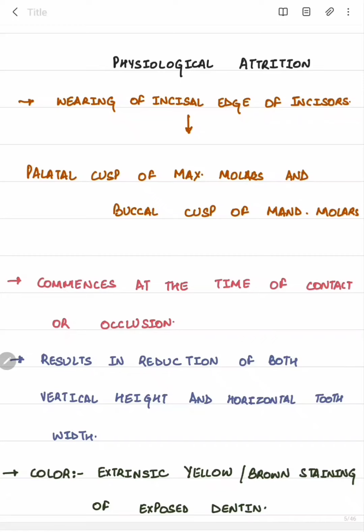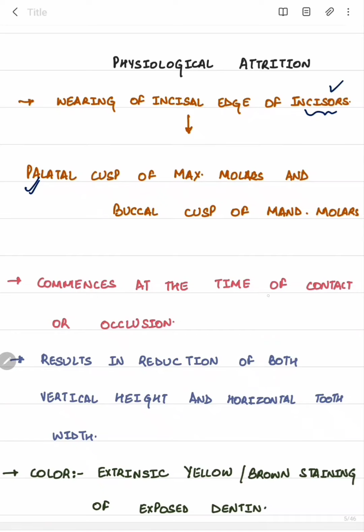Physiological attrition starts with wearing away of the incisal edges of the incisors first, and after that it involves the cusps of the molars also. After the incisal edges are flattened, the palatal cusp of the maxillary molars and buccal cusp of mandibular molars are also involved, or attrited, you can say.